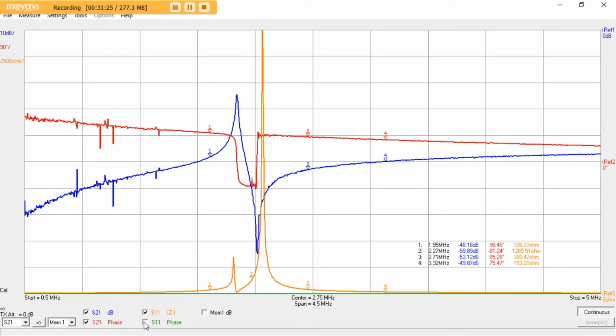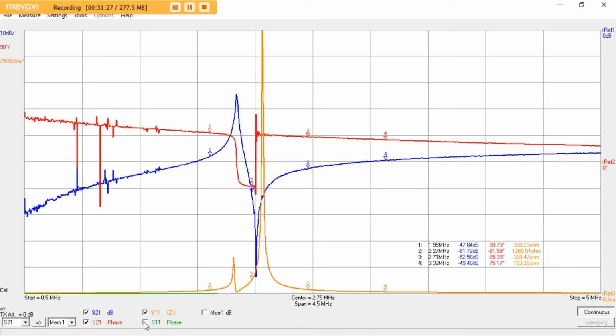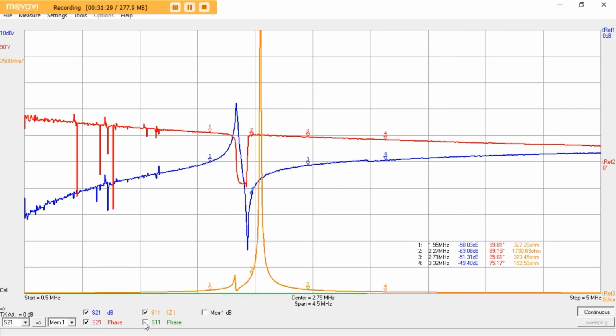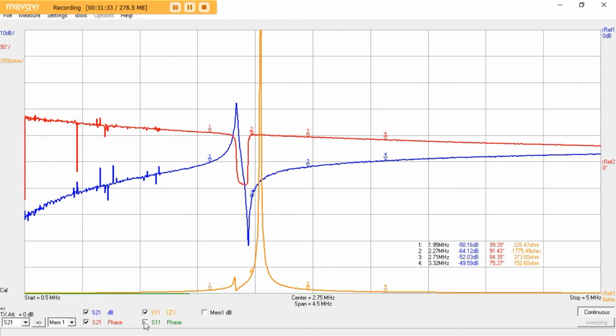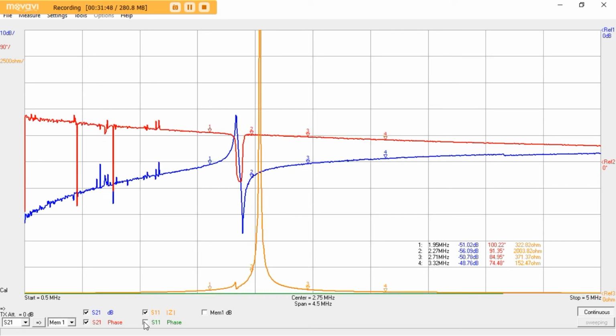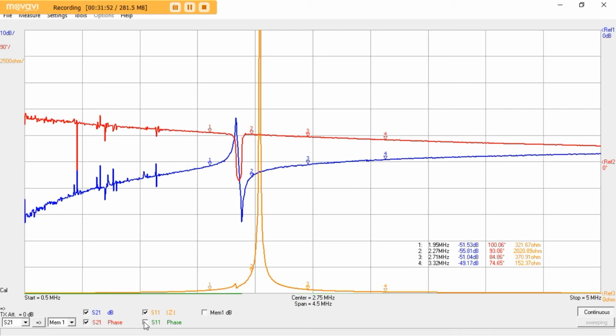We go a bit further. I'll take that out to 40 centimeters. And out to 50. That's at 50.